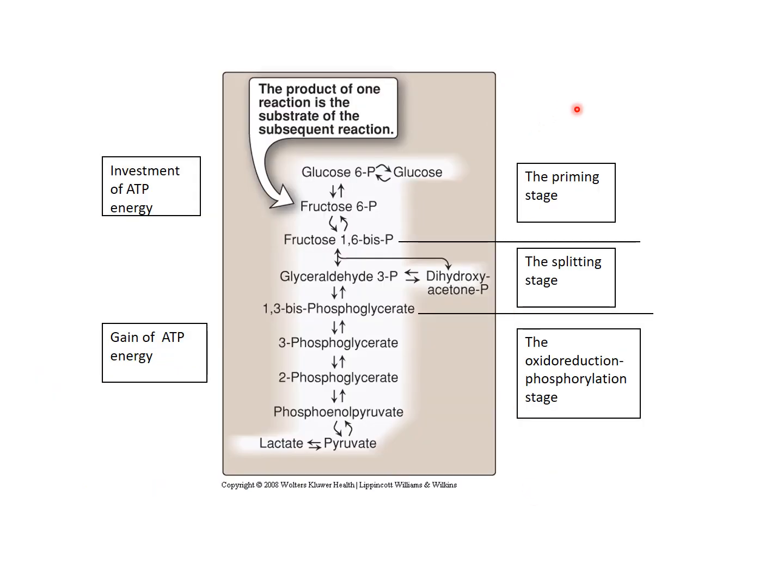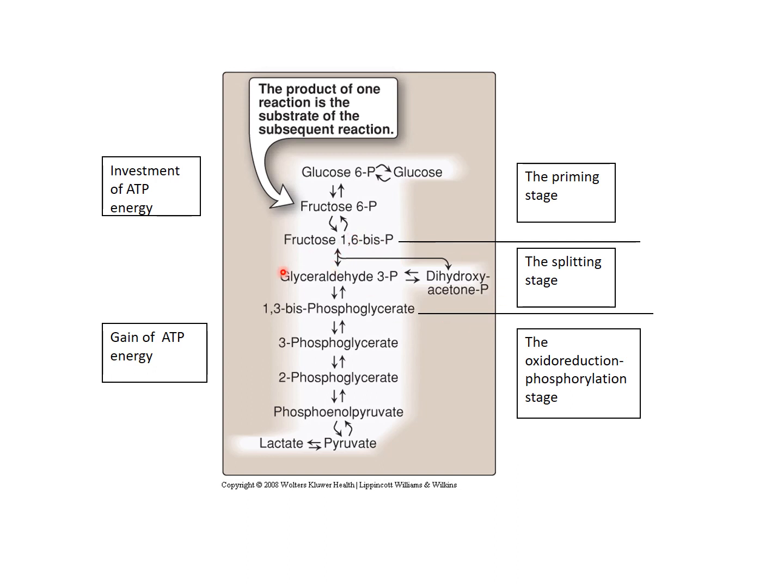Okay, very quickly about glycolysis. Glycolysis has 3 stages. One is the so-called priming stage, when we invest 2 ATP worth of energy to prime the glucose. You may recall from previous studies that if we want to enter a biomolecule into a biochemical reaction, we need to activate that molecule. So glucose is activated not just with 1, but 2 phosphorylations through investment of ATP.